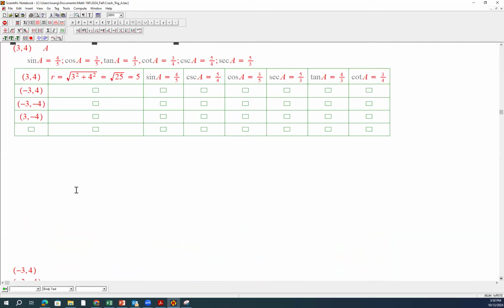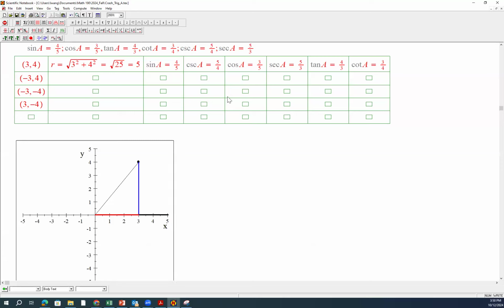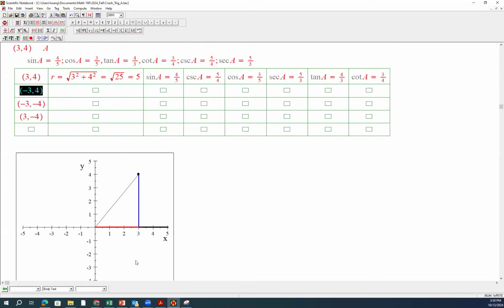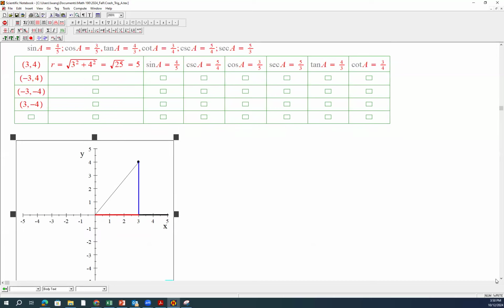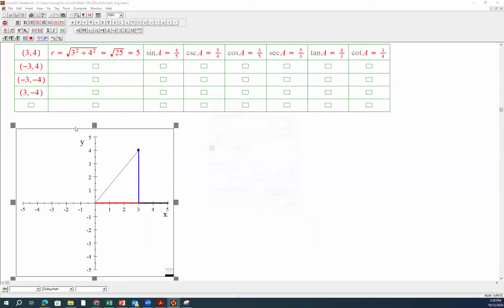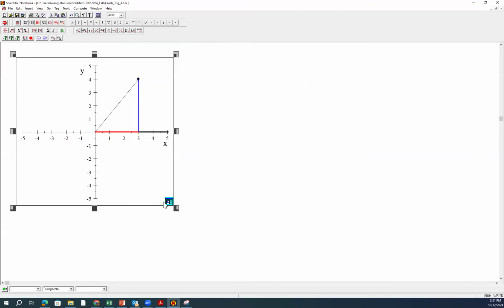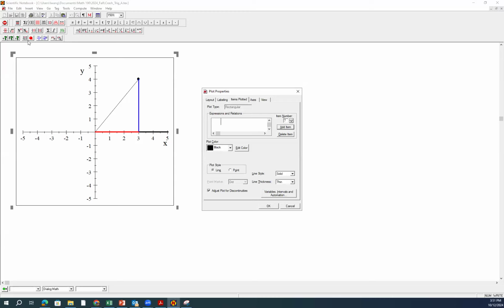In the second quadrant we have -3, 4, right?